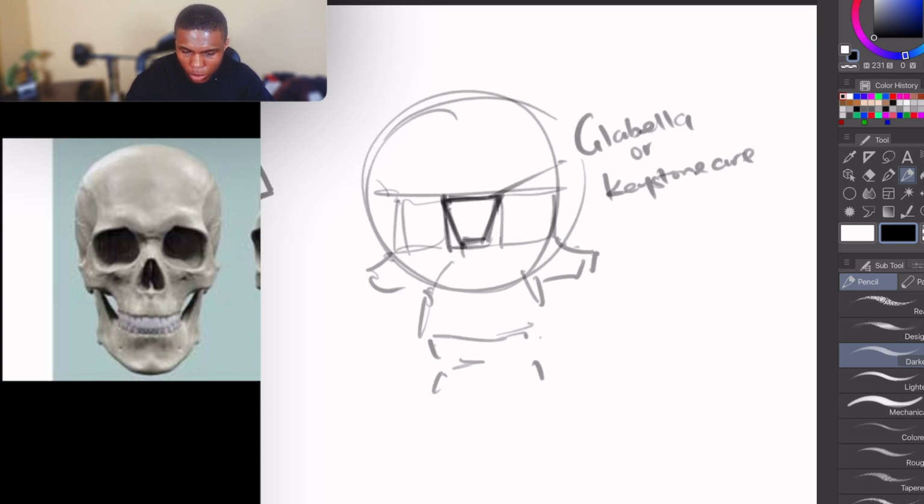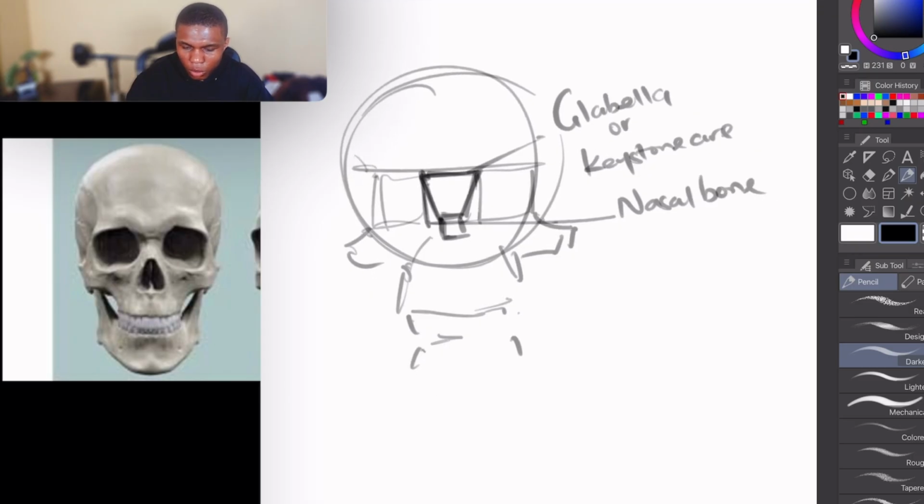And then you're going to see a poke over here like this, just this little part here. That's the nasal bone. And then you're going to see this space over here for the nostril. I don't know the official name. We call it the root of the septum or something.